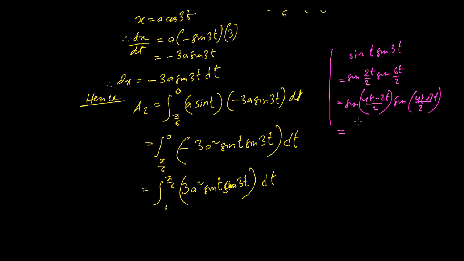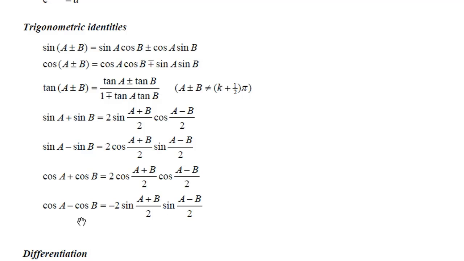So we can consider this to be the a and this to be the b. So we can write cos a minus cos b. That was the identity. So cos a minus cos b, all we need is a plus b by 2, a minus b by 2. But there's one more thing.